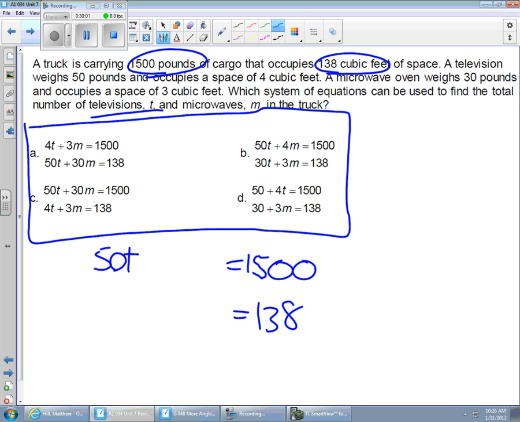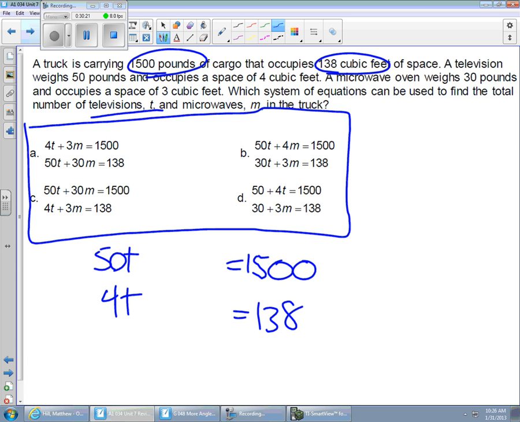Then it says it also occupies a space of 4 cubic feet. Well, this 138 was cubic feet. So that 4, along with the TV, belongs in the second equation. 4 times each television.